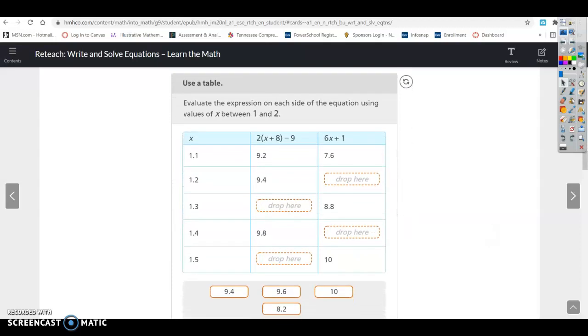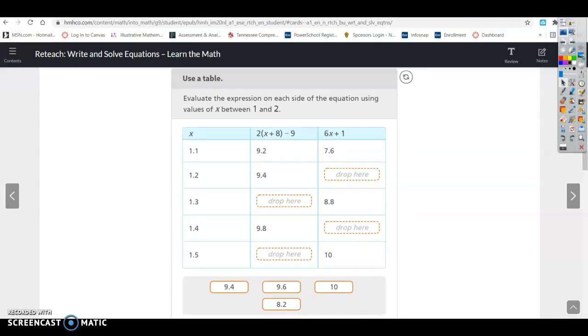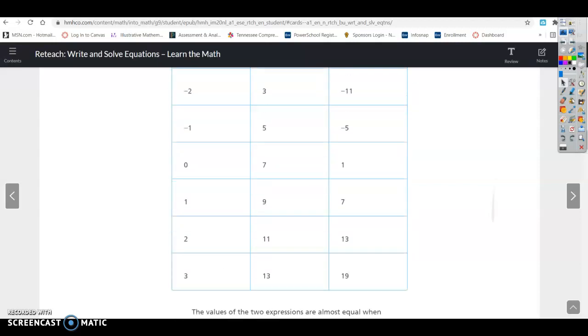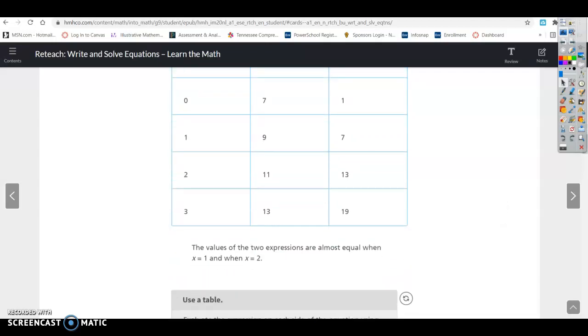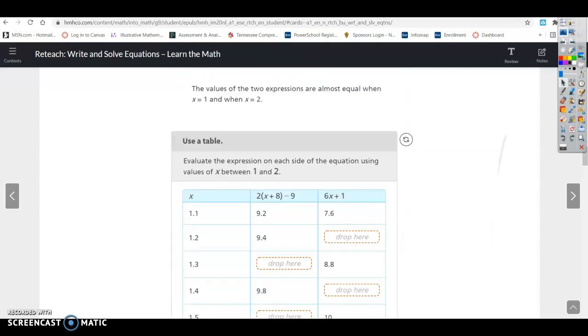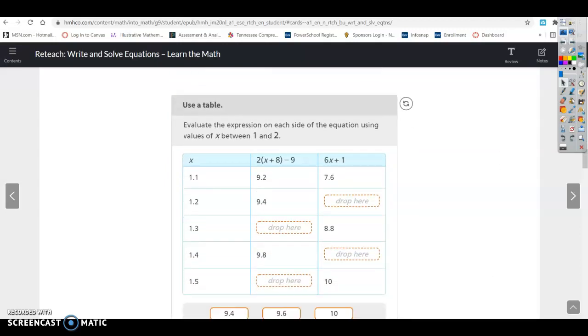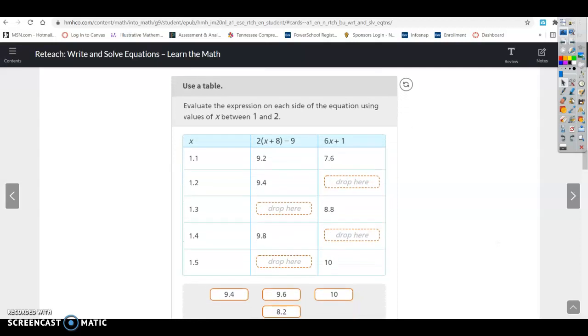All right. Now it says use the table, evaluate the expression on each side of the equation using values of x between 1 and 2. So we're taking these same two equations, but since we know that somewhere between 1 and 2 these are getting very close, we're going to evaluate just the numbers between 1 and 2.